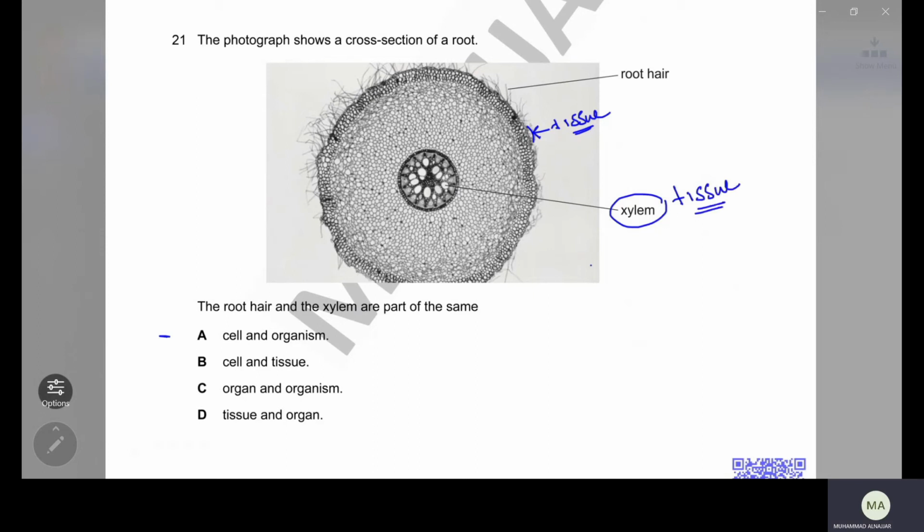So both of them are part of the same organ and organism. Why? Because both of them are part of an organ, which is the root, and they are even part of the organism, which is the plant. The root is a part of the plant.